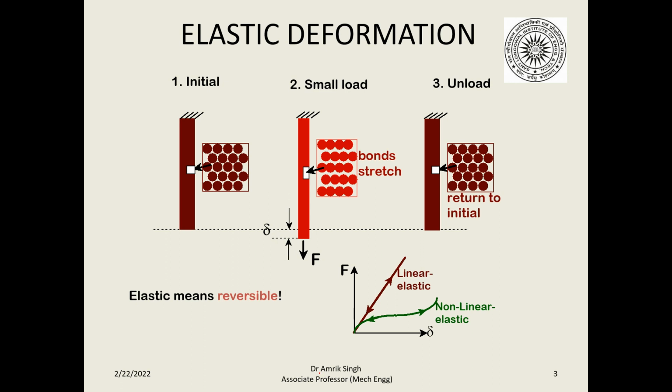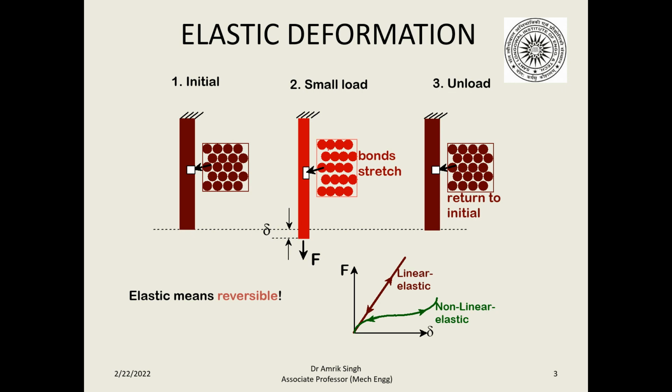So you can see here, initially, if this is a bar and there is a stress element, or the element of the material we'll be taking as a cube, and if we see it, these are the molecular structure. So if we apply some load, it will undergo the deformation delta.